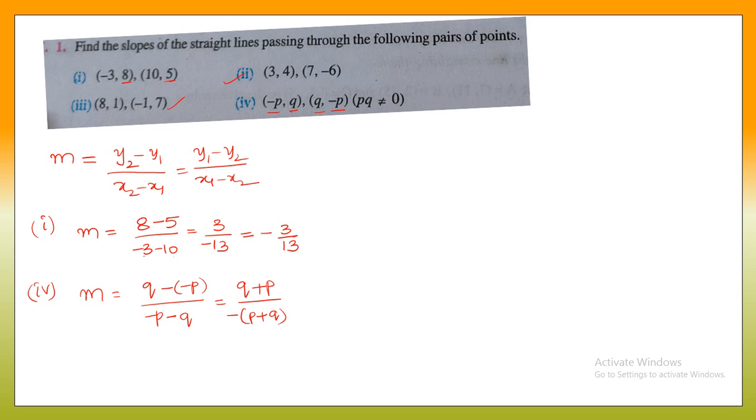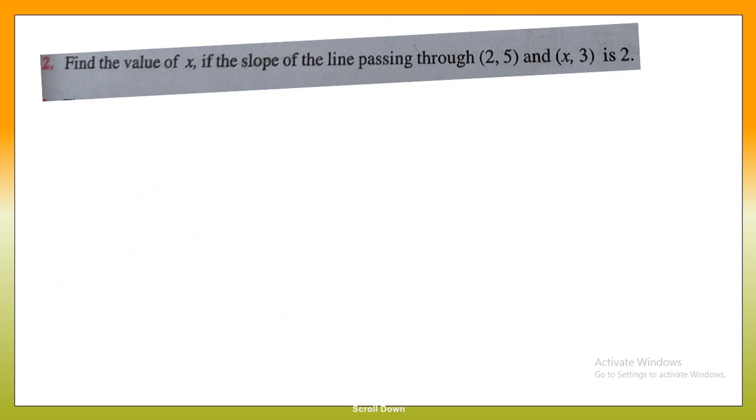If I take minus as common, I can write p plus q. So p plus q and minus of p plus q get cancelled, giving minus 1 times, hence the slope is minus 1, right? Please try to solve the second question, second bit and third bit, and post your answers in the comment box, right? Next, moving on to one more question.